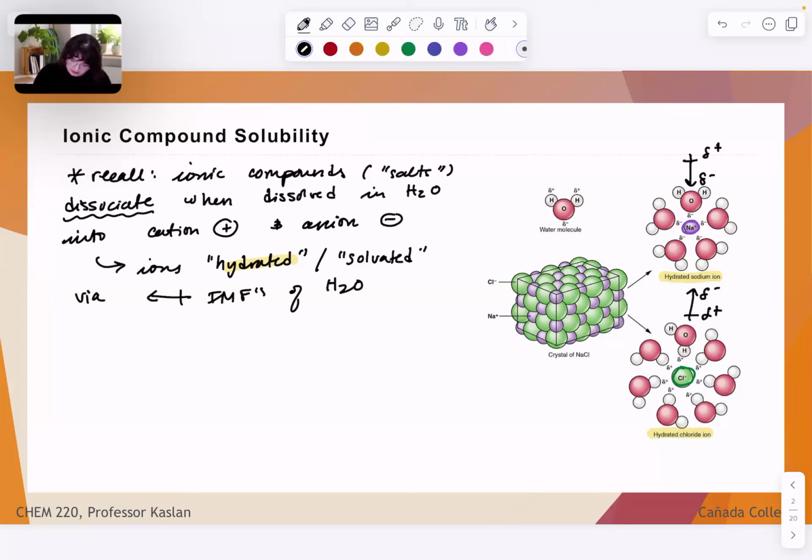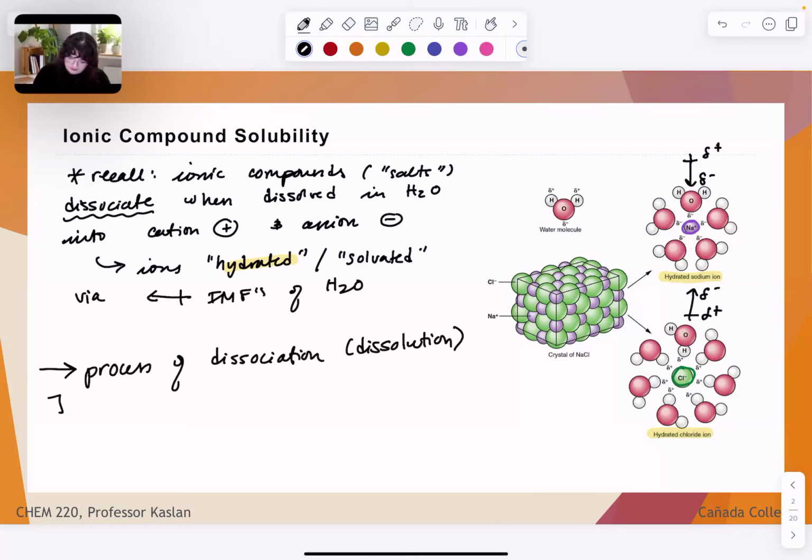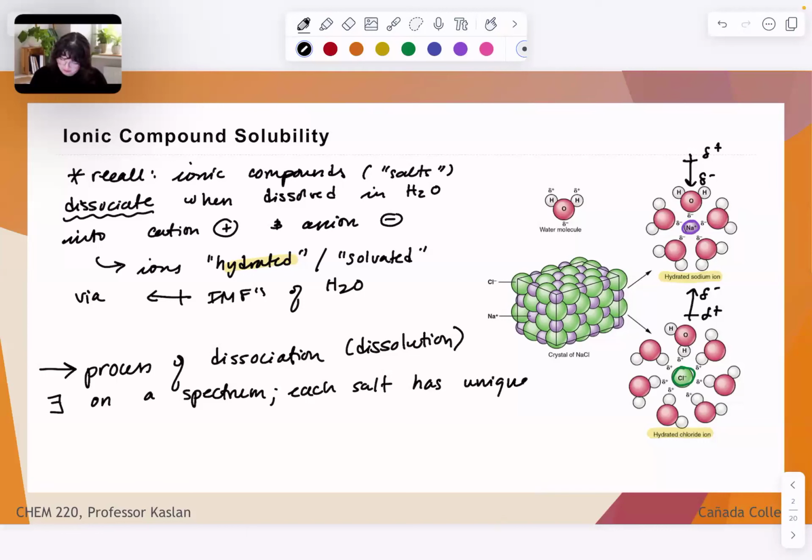As it turns out, this process of dissociation, or as we've called it, dissolution or hydration, exists on a spectrum that is unique to each salt, meaning each salt, from sodium chloride to magnesium sulfate, etc., has its own unique degree of dissociation at some particular temperature.